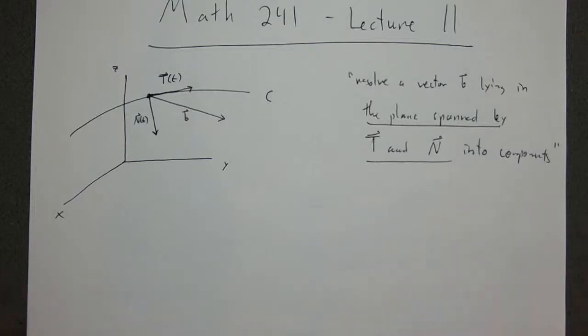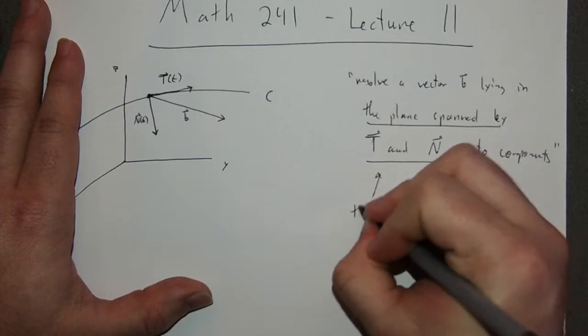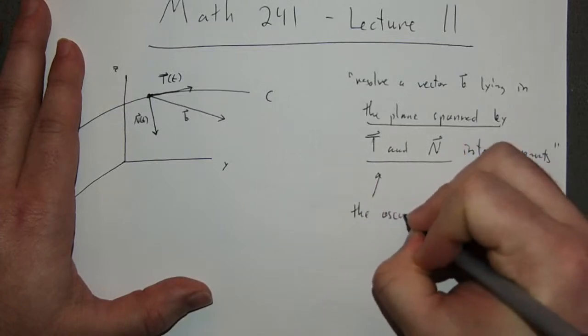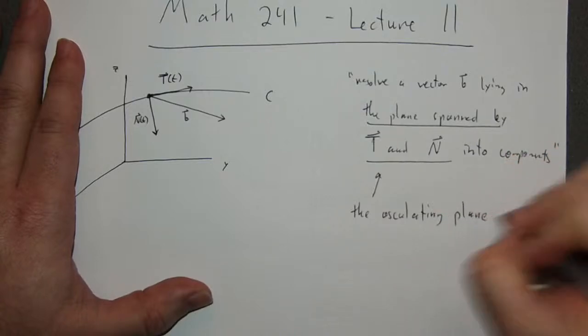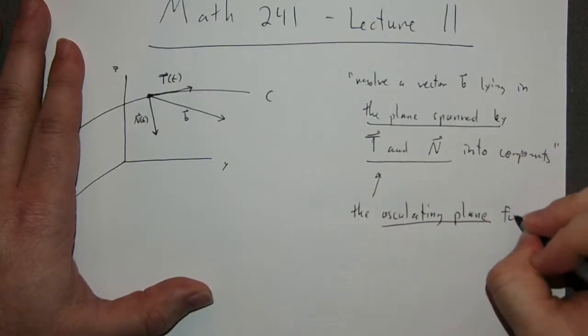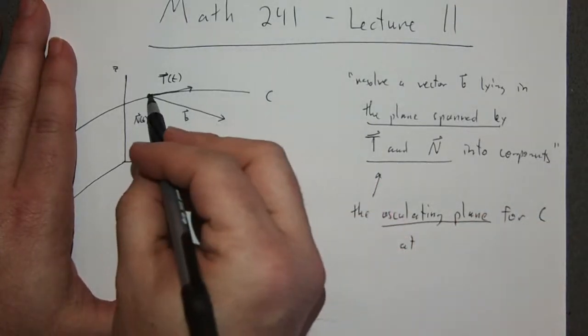If you have two vectors in general position, or in this case even better, orthogonal, they're guaranteed to not be parallel. So as long as they're non-zero vectors, those determine a plane. This plane is called the osculating plane.